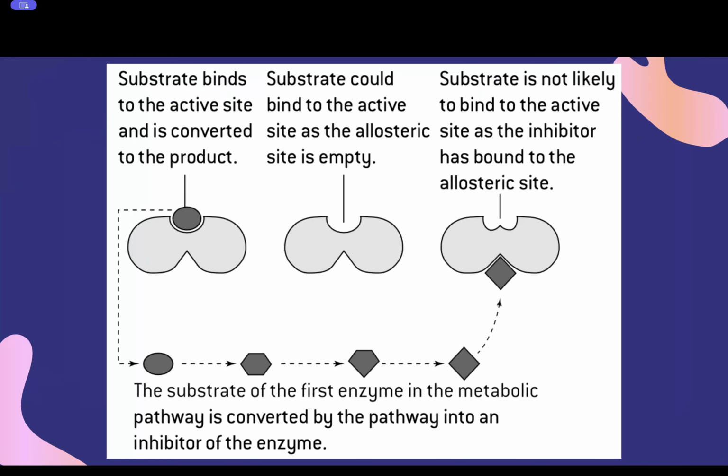So if you look here again, from the first to the third step, you can see that the first has a normal substrate, so a normal shaped active site that binds to that specific substrate. But at the end, when the end product of the metabolic pathway becomes the inhibitor, it changes the shape of the active site, which makes it very difficult for substrates to bind.